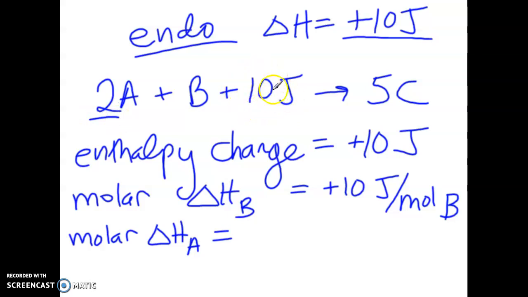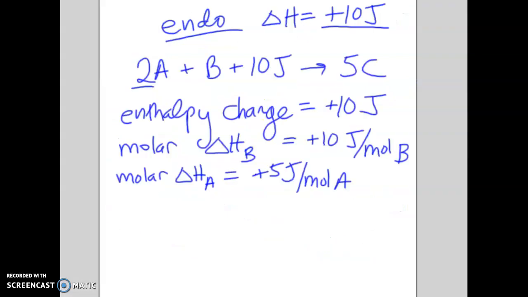So what that would mean is this 10 joules is represented for 2 moles worth of A. If I wanted to show only 1 mole worth of A, I'd essentially have to half that, because 1 mole of A would be 5 joules, 2 moles of A is 10 joules, right? It's actually all about ratios here. So you're looking at a molar ratio. It's just that you're using an energy value to compare it with, right?